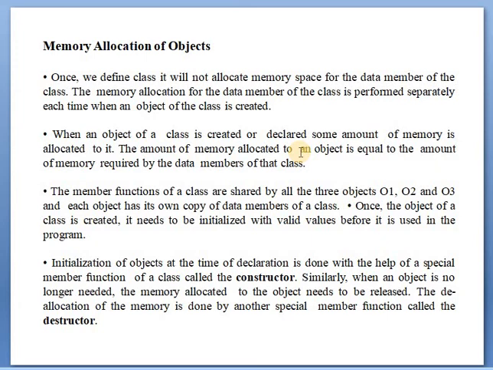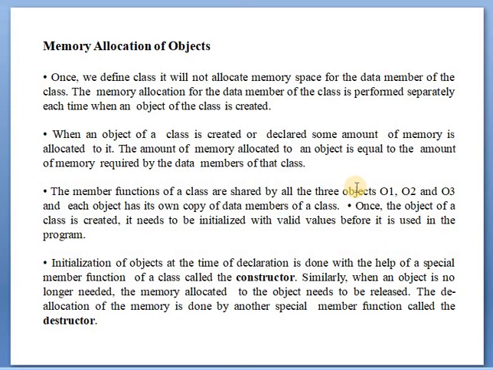When an object of a class is created or declared, some amount of memory is allocated to it. The amount of memory allocated to an object is equal to the amount of memory required by the data members of that class. So how much memory is allocated to that object?